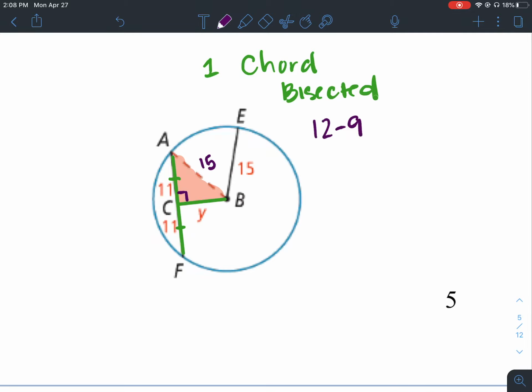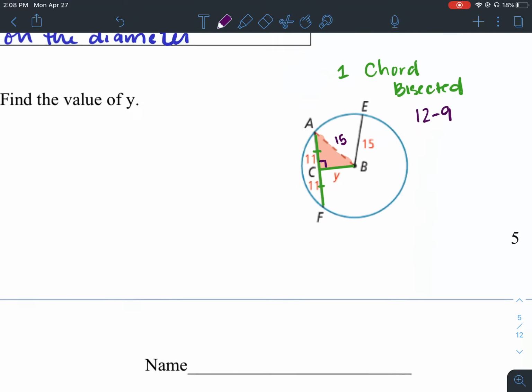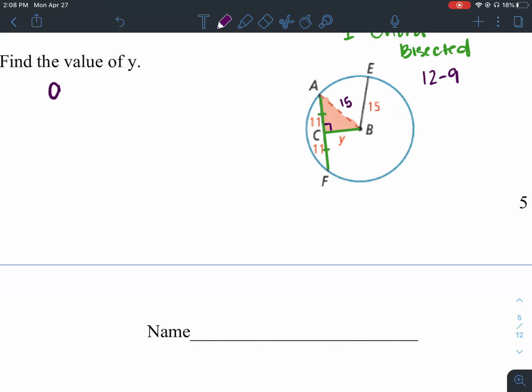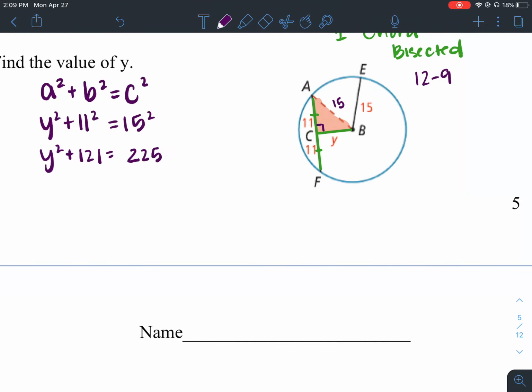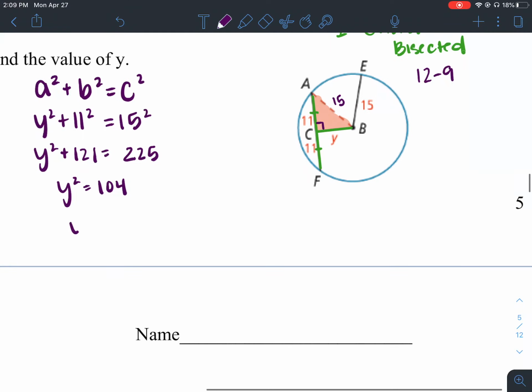And we know how to deal with right triangles. So what I'm going to use is my handy dandy super friend, not quite my best friend, Pythagorean theorem. A squared plus B squared equals C squared, where I have y squared plus 11 squared equals 15 squared. And by working that whole thing out, I get y squared equals 104.